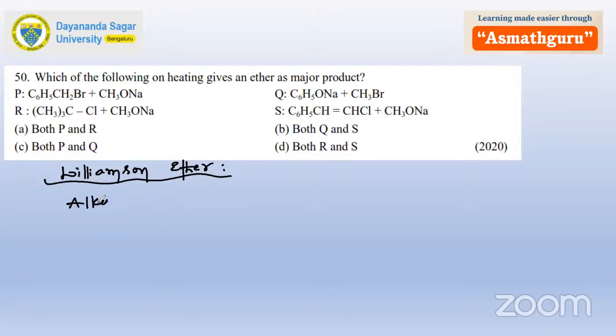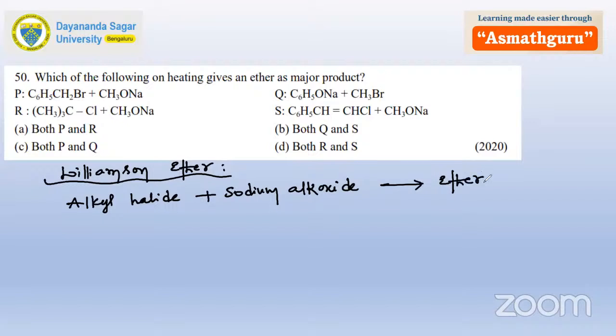Alkyl halide reacts with sodium alkoxide to form ether. And I already told you, the alkyl should always be primary. That's the condition.